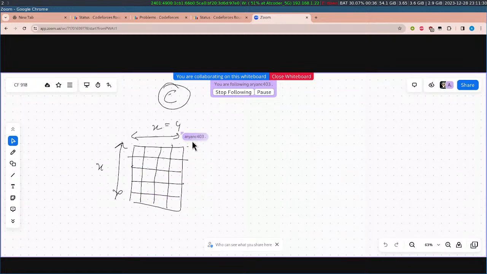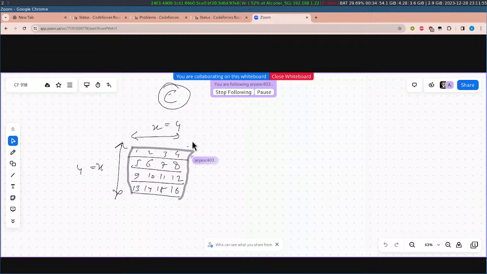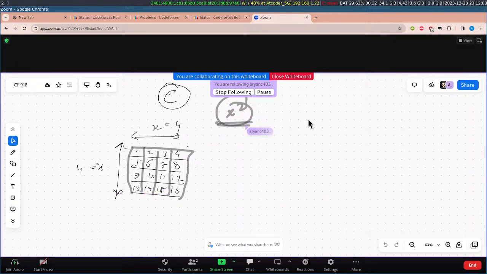Let's say x is 4. Then 1, 2, 3, 4, 5, 6, 7, 8, 9, 10, 11, 12. If we want to create a square of size x, we need x squared number of stones over here.